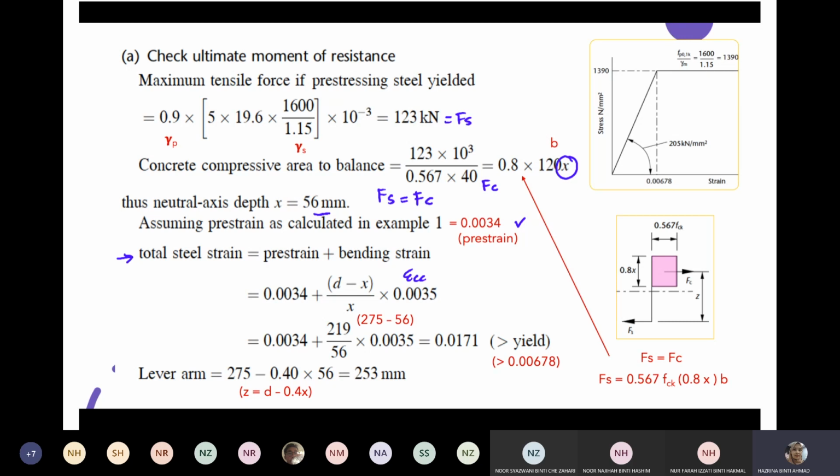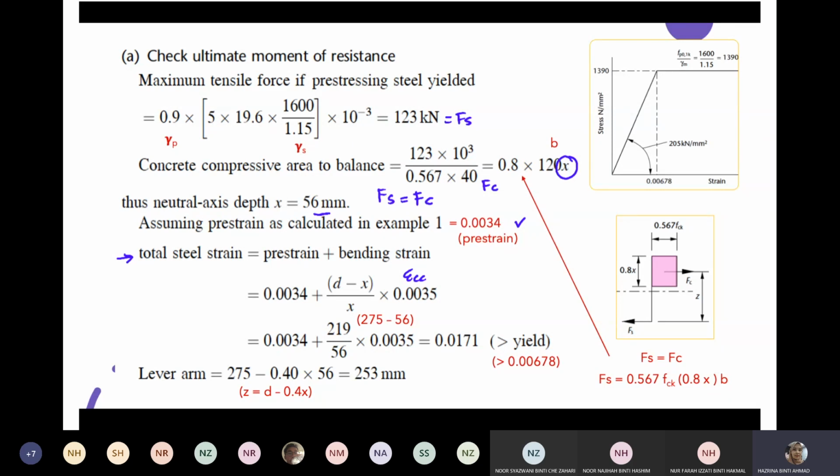Similar to the previous example, we compare with the same strain value, 0.00678. We can see that the total steel strain is 0.017, so we consider that our steel has yielded.